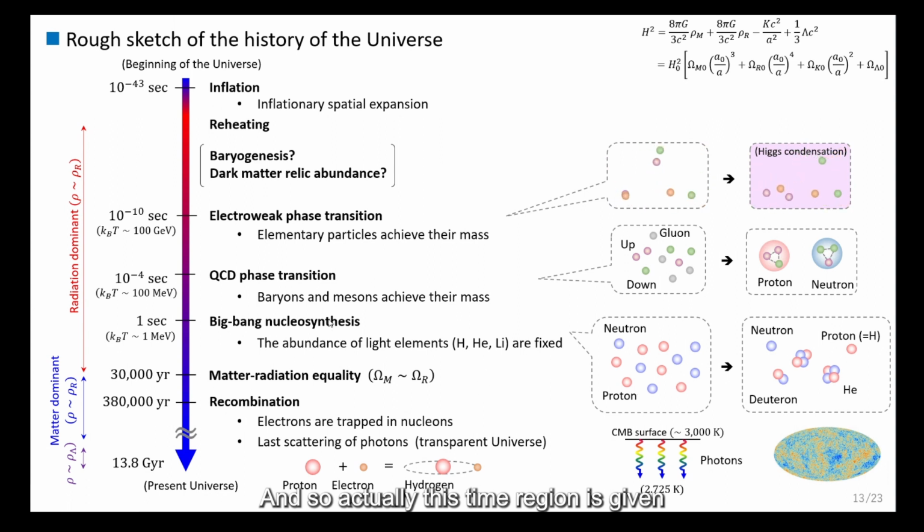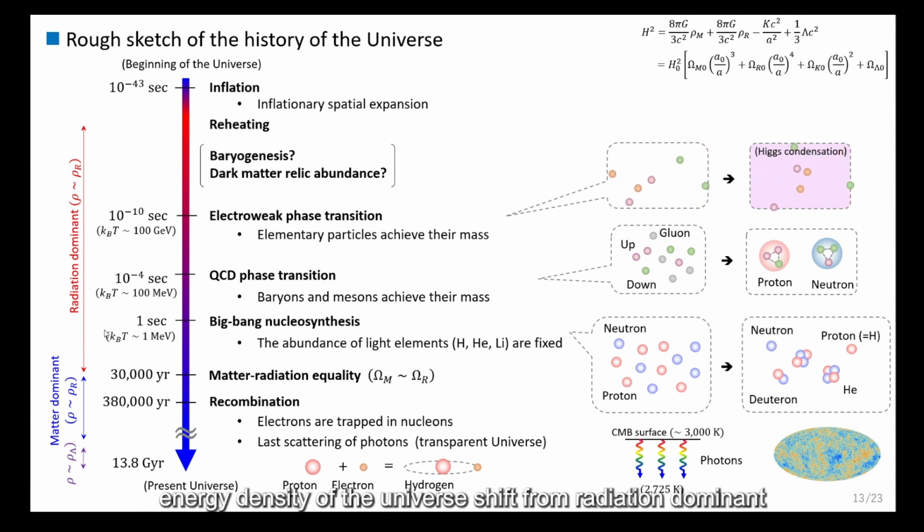And this time region is almost a radiation dominant universe. But at around 30,000 years, the energy density of the universe shifts from radiation dominant to matter dominant. So this is the time scale.